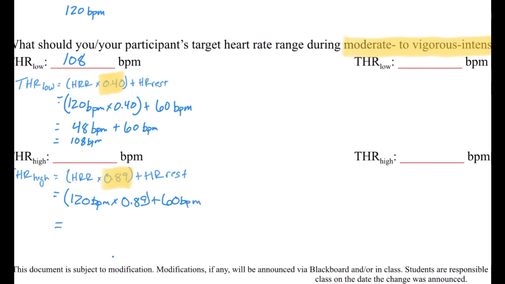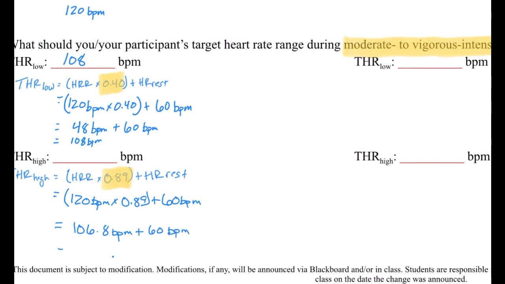Always do the numbers in parentheses first. So 120 times 0.89 gives you 106.8. And I'm going to add that to 60 beats per minute.